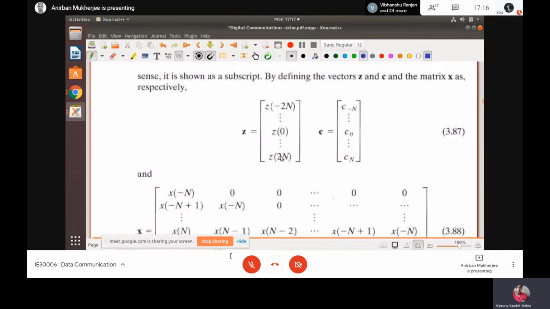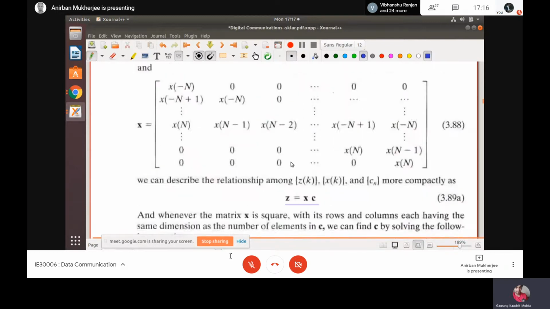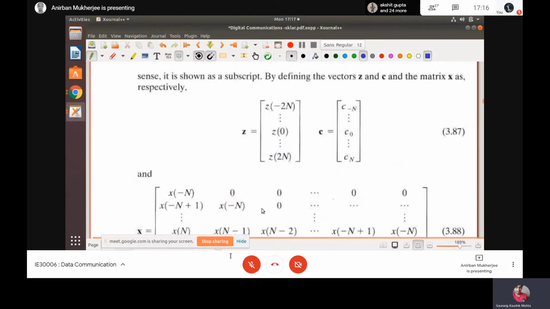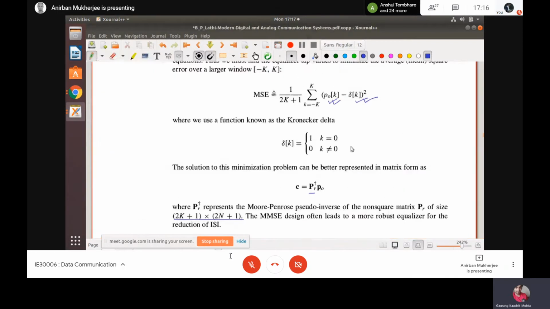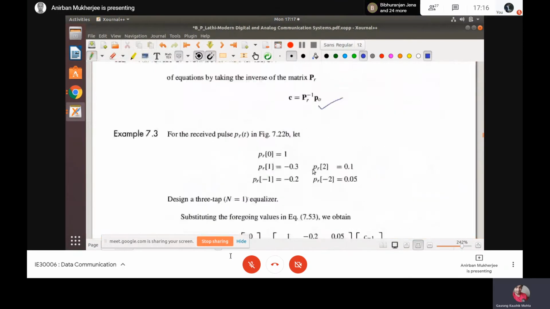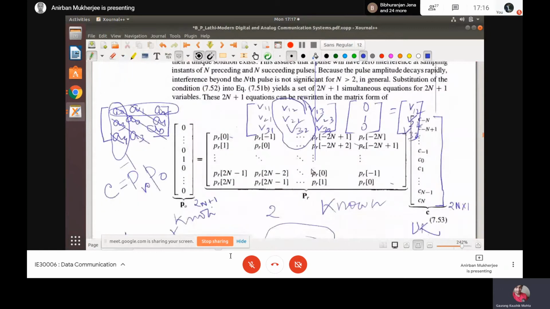This is your C and this is your Z. Now I am saying this matrix is not 2n plus 1 by 2n plus 1; I will take more data points. Instead of 2n plus 1, on this side it is 2n, and on that side it is 2n, so the length is 4n plus 1.